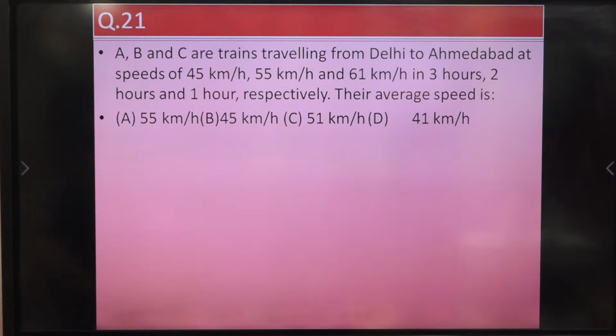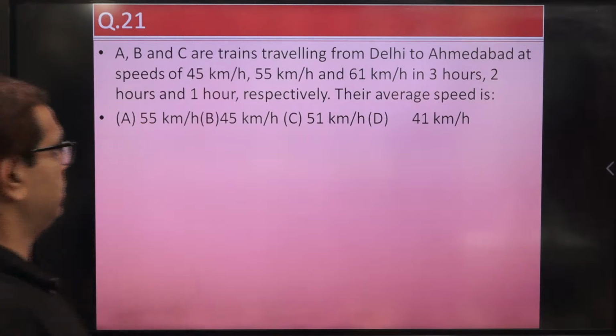Done? So what is the right answer? Sonu Kumar is getting 51, SS Gupta is getting C. So a very simple concept is there.